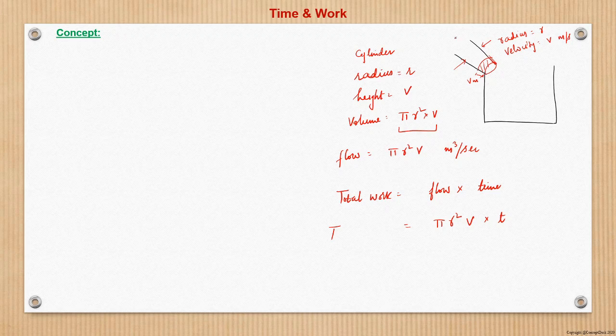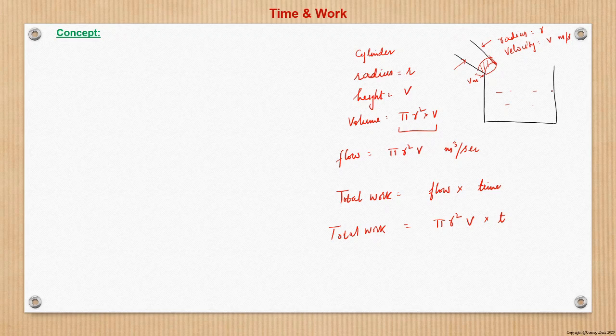If this pipe operates for t minutes with a flow of pi r square v per second, the total volume filled up is pi r square v into t. So that is the very basic work in terms of cisterns or pipes and tanks.